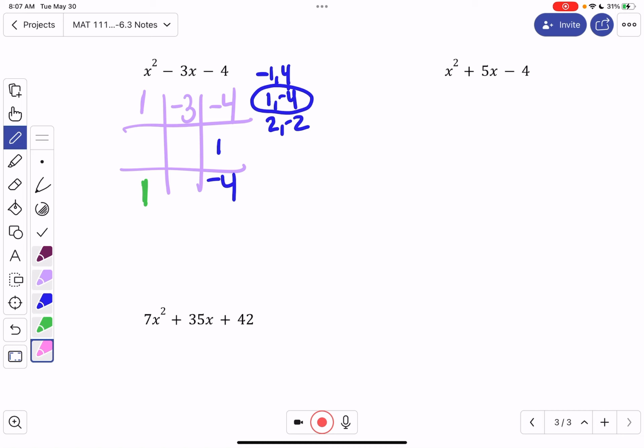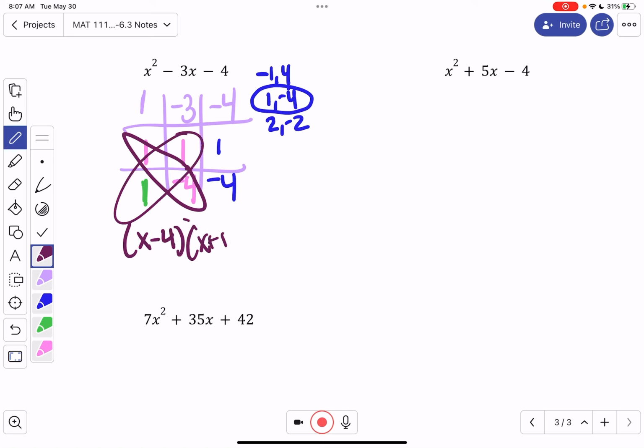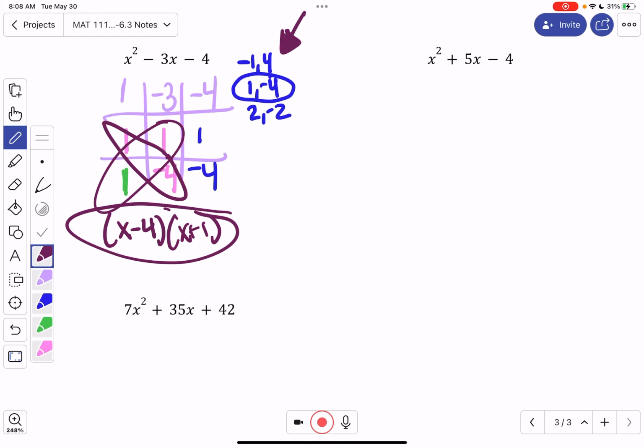Greatest common factor, multiply up, multiply across, circle and write. So we have x minus 4, and we have x plus 1. It's all about just paying attention to those signs and remembering. You don't have to list all the factors out, but if you're getting confused or you can't find some, it helps you try to check and see if you got them all.